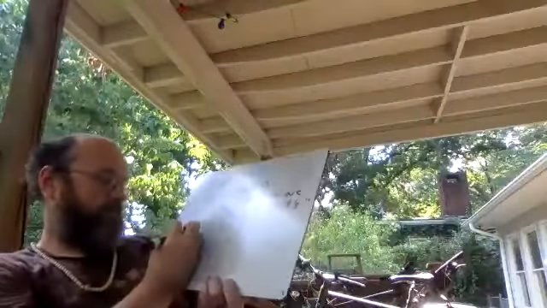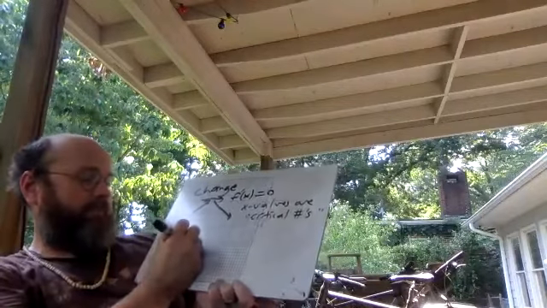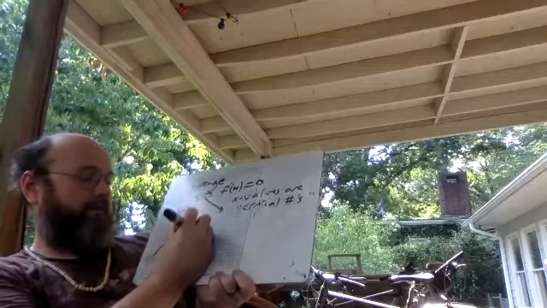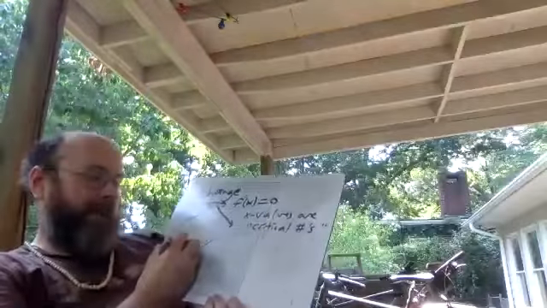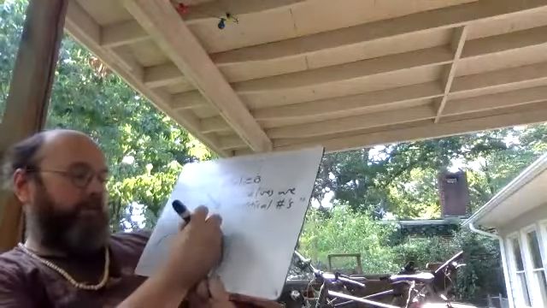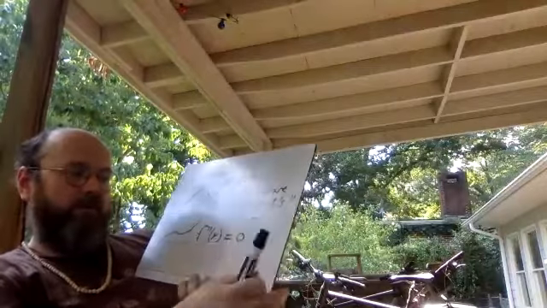Well, your function goes from being concave down, for instance, to concave up. See, sad, happy. It has to pass through a place where the second derivative equals 0.